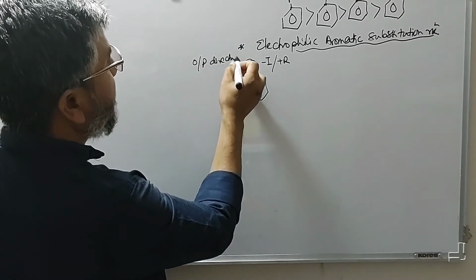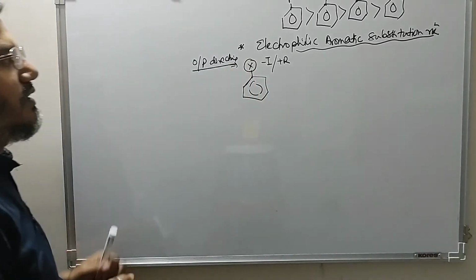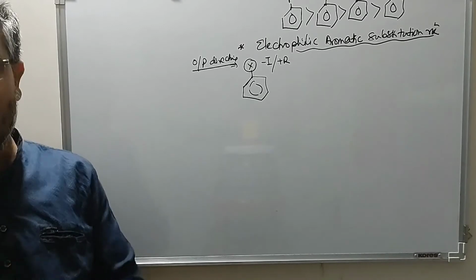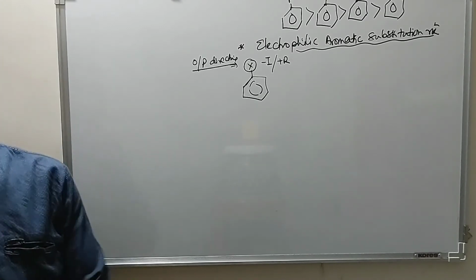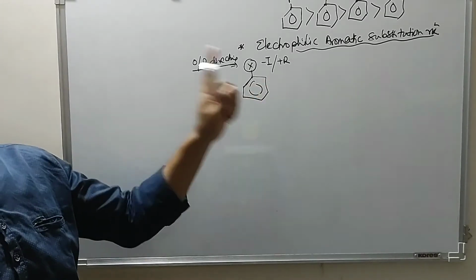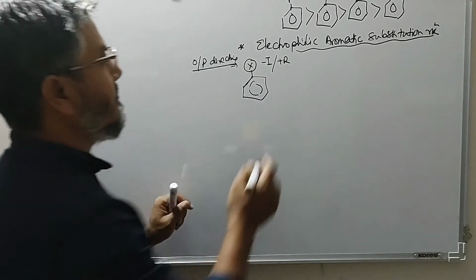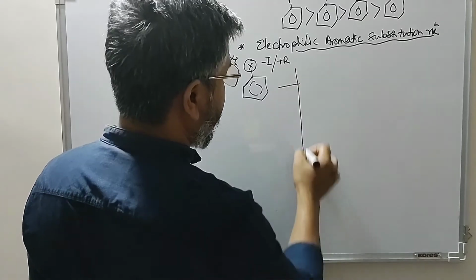That means whenever we carry out electrophilic aromatic substitution reactions of halobenzenes, the incoming electrophile will always go to the ortho position or the para position. So take different reactions.